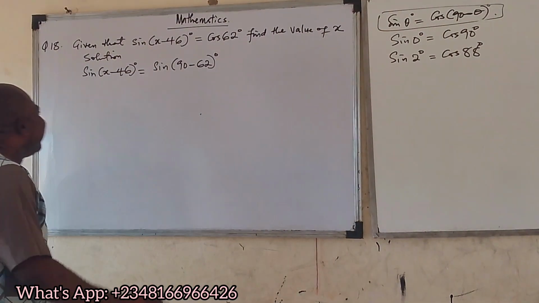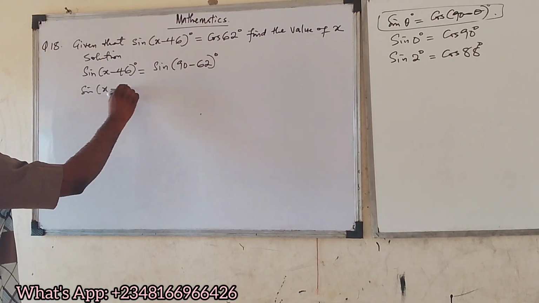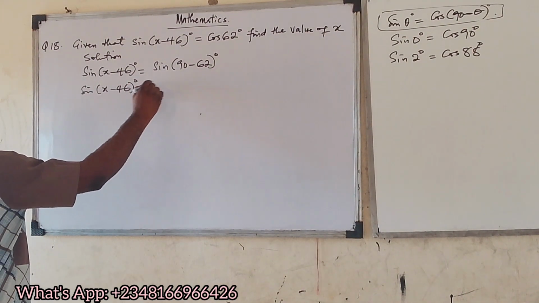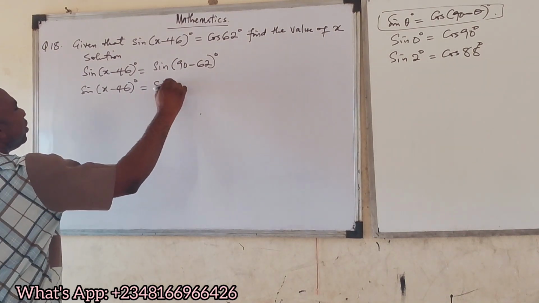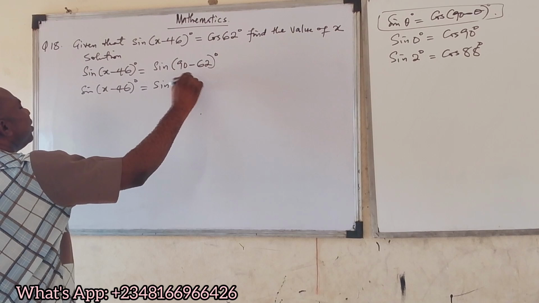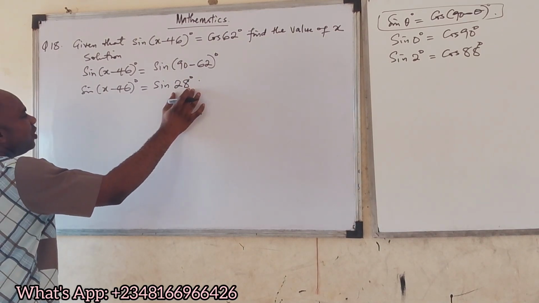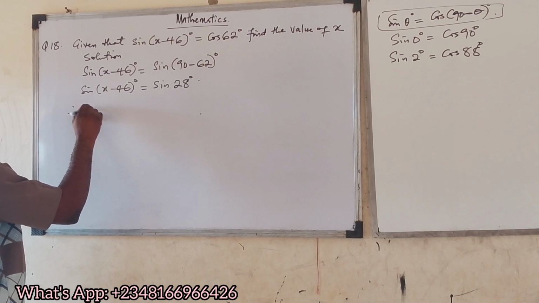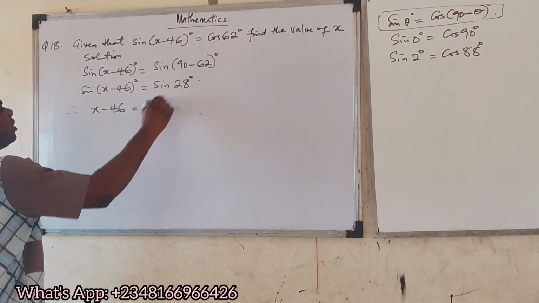So it therefore implies that sine (x minus 46 degrees) will be equal to sine (90 minus 62), which is 28 degrees. So if the sine of this angle is equal to sine 28 degrees, it therefore means that x minus 46 is equal to 28.